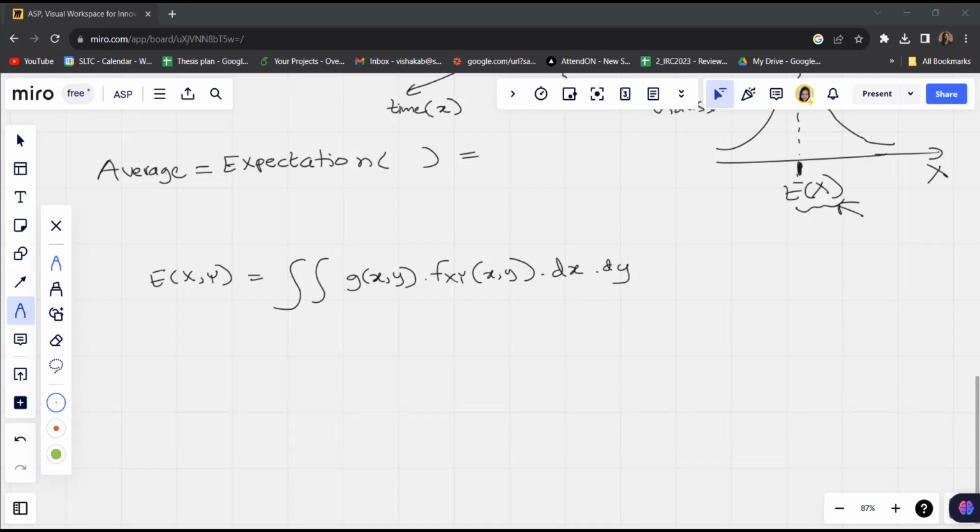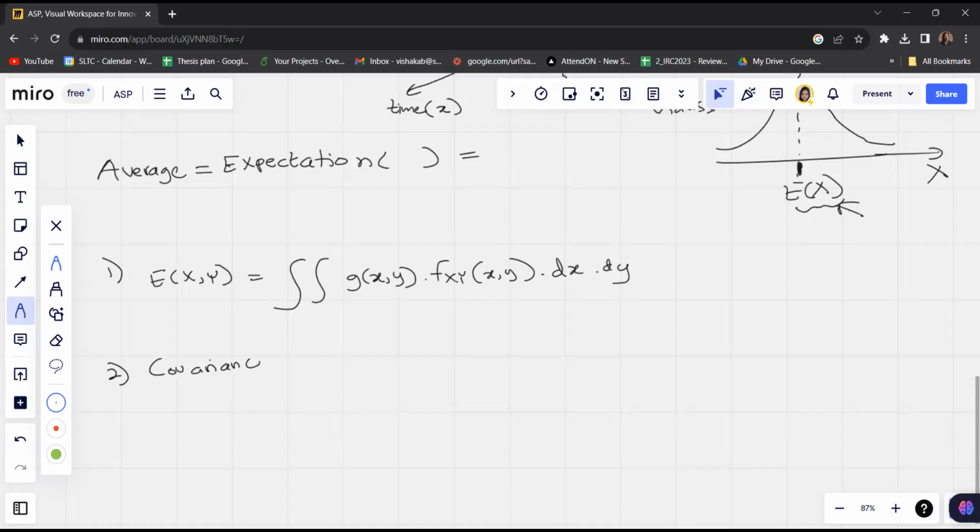For the expectation, this would be the function, and for the other parameters we will talk about, it would be regarding the covariance between two random variables x and y.